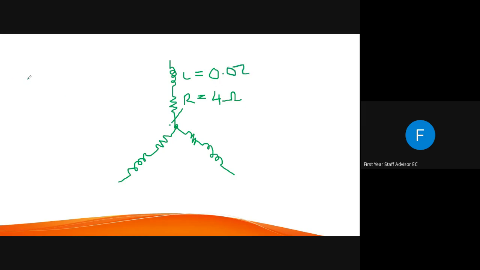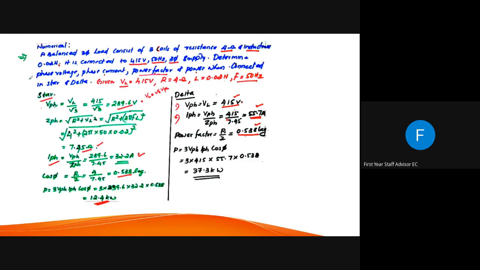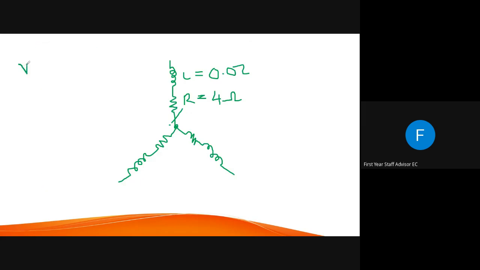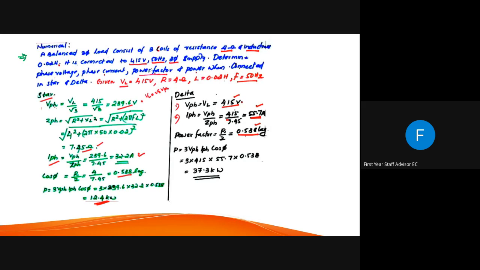They have given it is a three-phase load where voltage is 415 volt. Meaning of that is, for any numeric in three-phase, if they give voltage, that means it is the line voltage. So here they didn't mention anything.